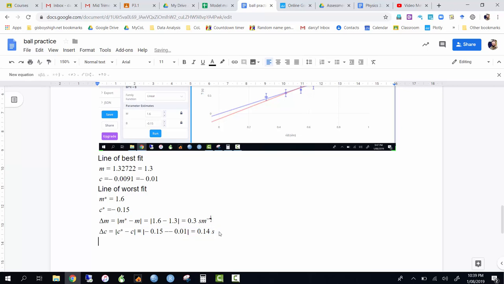Anyway, moving on. So now we've got to write out our equation. It's always in y equals mx plus c form. Let's think really carefully about this.